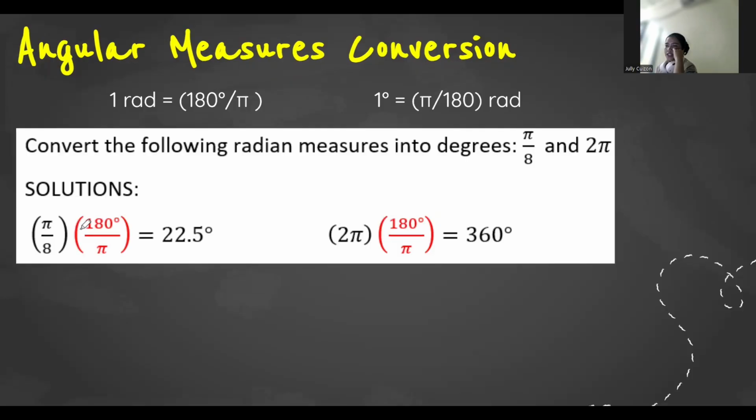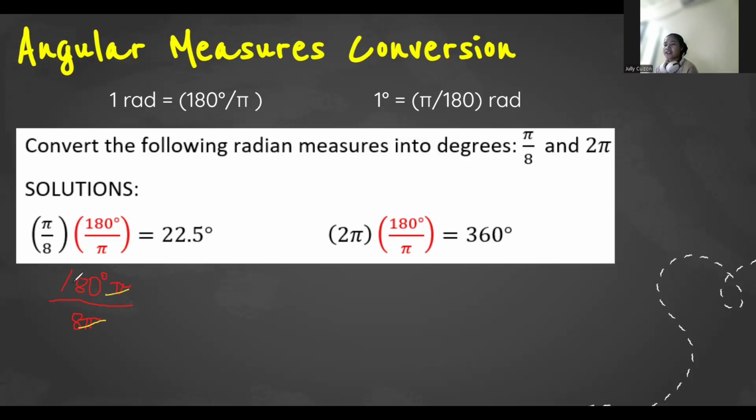So, 180 degrees times pi, so 180 degrees pi over 8 times pi, so 8 pi. So to simplify, of course, makancel gini ang ato ang symbol ng pi.